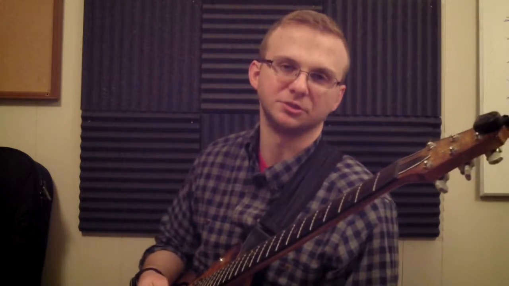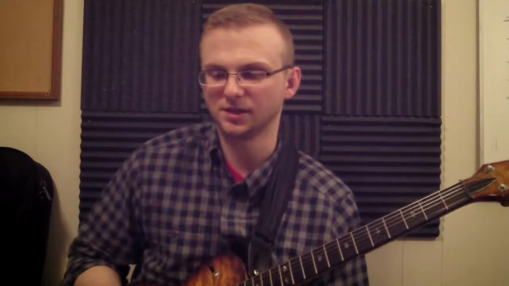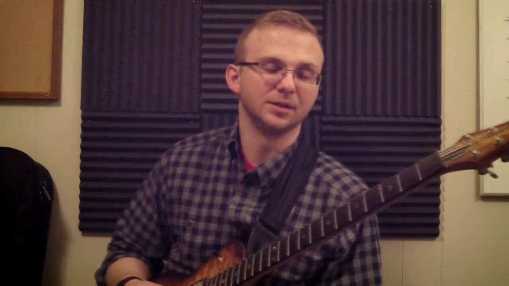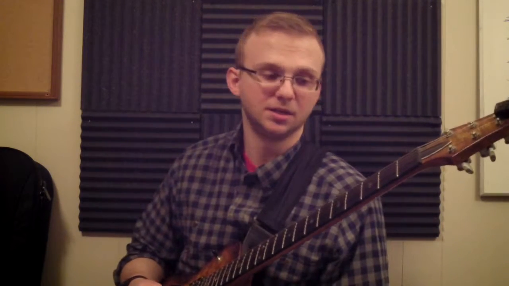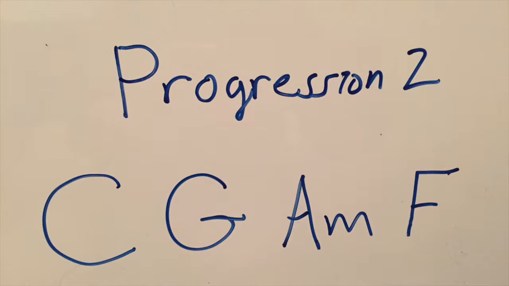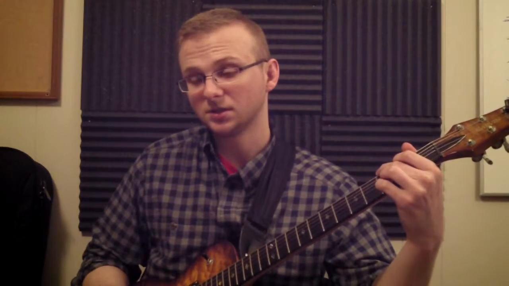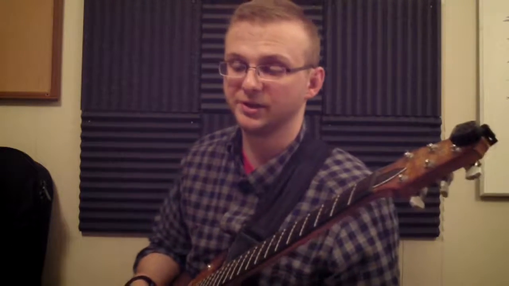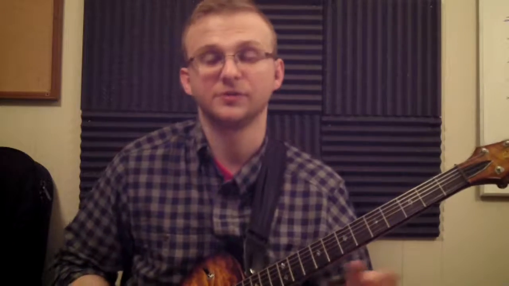There's probably 100 songs that you could start to work on and play on the guitar. So that is super exciting. Then to take that same thing and put it in a different key, you go C to G to A minor to F. And that is the same progression, the 1, 5, 6, 4 progression, just in a different key.